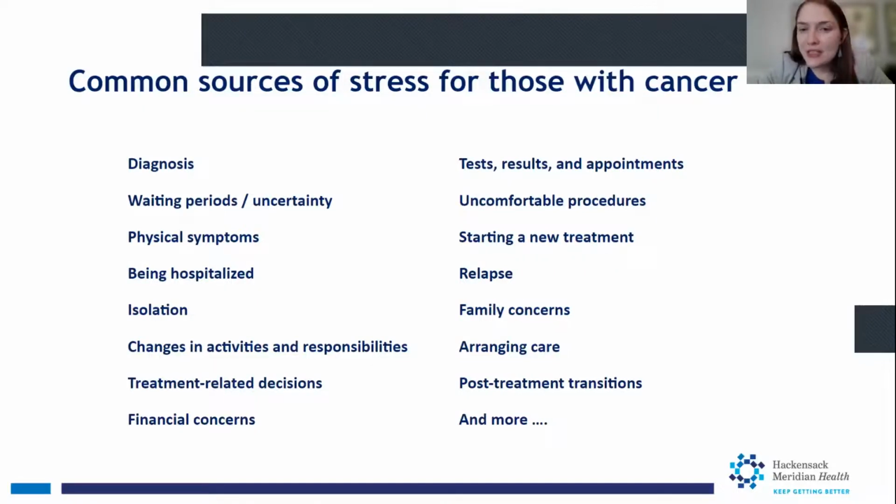And so you can see some examples here, and I encourage you to think about, for you, what might have been some times that you notice your stress level fluctuating, and what might be some times that you notice that maybe you're feeling a little less stressed, because it's important to understand how these patterns might change over time.